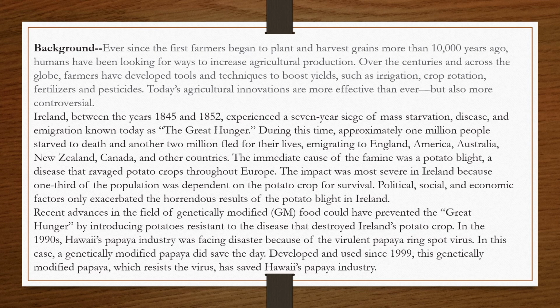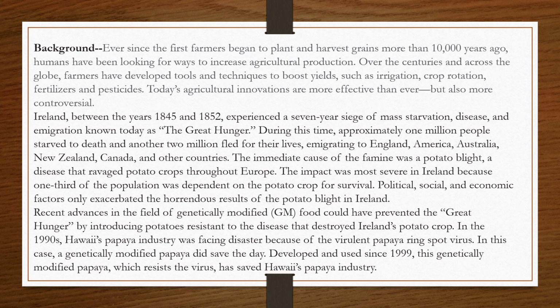The immediate cause of the famine was a potato blight, a disease that ravaged potato crops throughout Europe. The impact was most severe in Ireland because 1/3 of the population was dependent on the potato crop for survival. Political, social, and economic factors only exacerbated the horrendous results of the potato blight in Ireland.